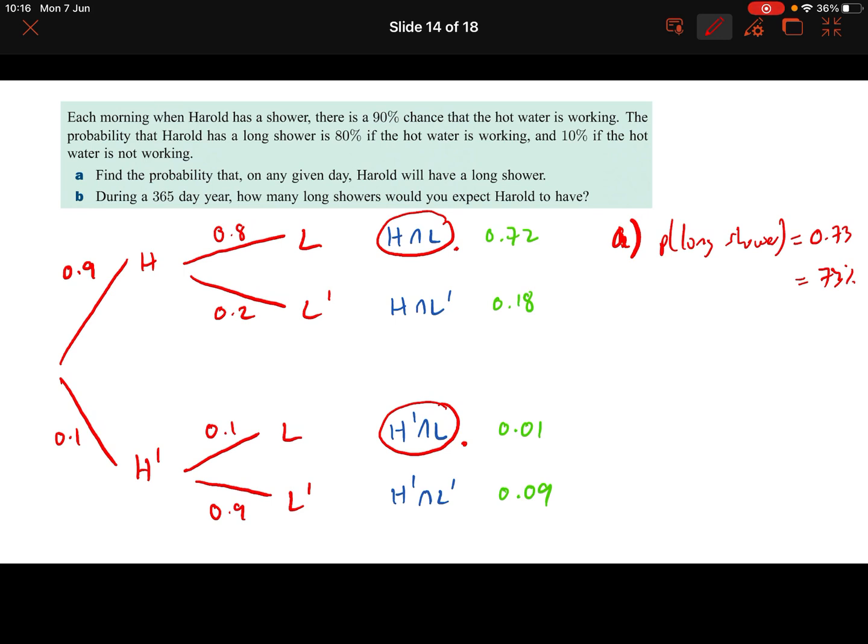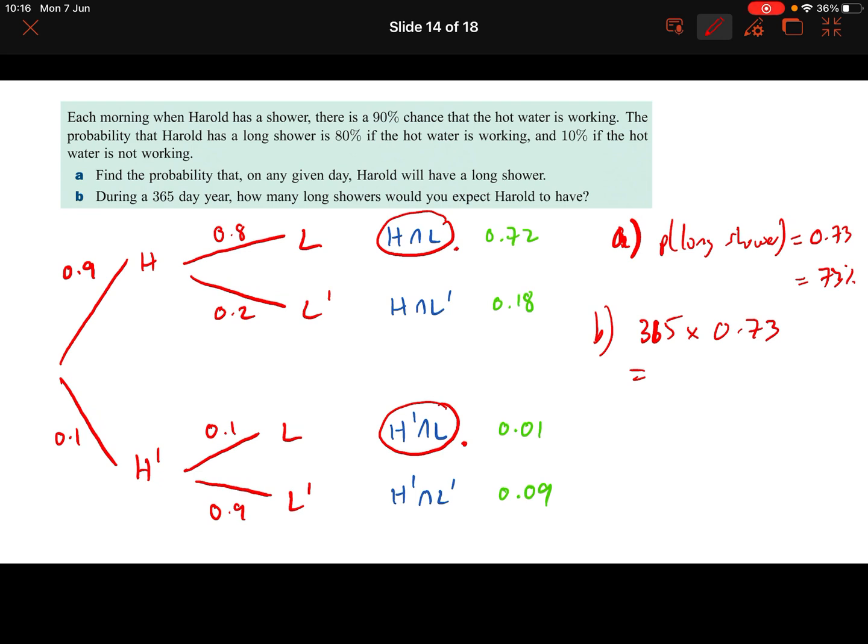Okay? During a 365-day year, how many long showers would you expect Harold to have? Well, that's just an expectation question. So you've got 365 opportunities where 73% chance of having a long shower. Multiply them together.